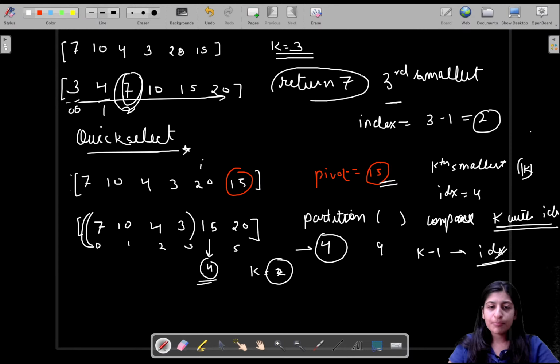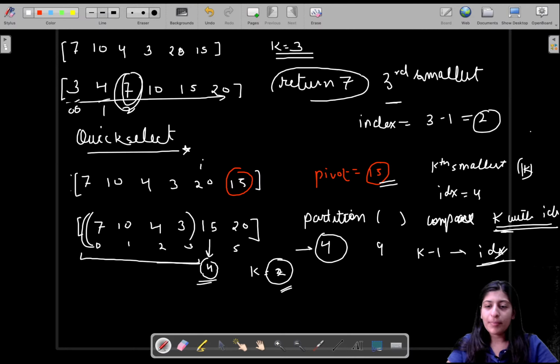Why? Because pivot index tells you that if this element is present at 4th index, all the elements before 4 are going to be smaller than 15, and you want to find second smallest element in terms of indexing, right? So you are going to get it before 4 only. So now you apply this quick select algorithm, or the same thing that you were doing, for this window of array.